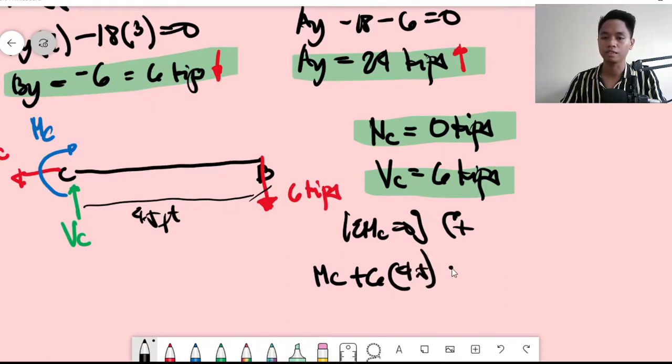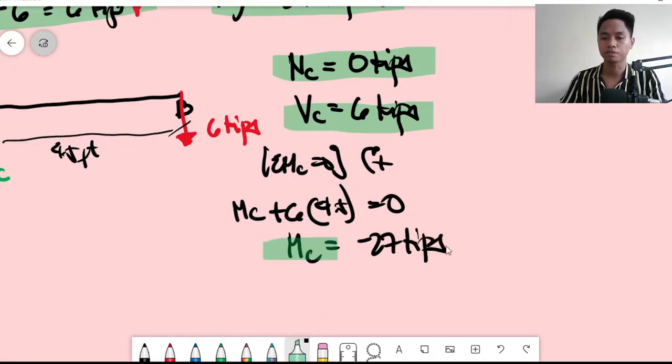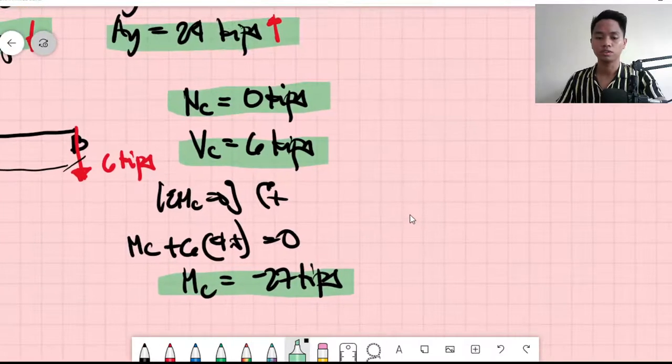So the bending moment at C would be negative 6 times 4.5, that would be negative 27 kips-feet.